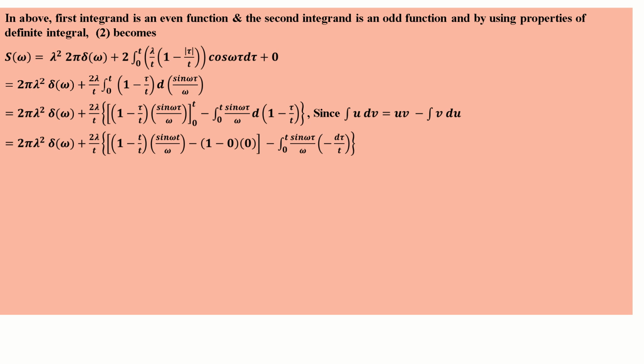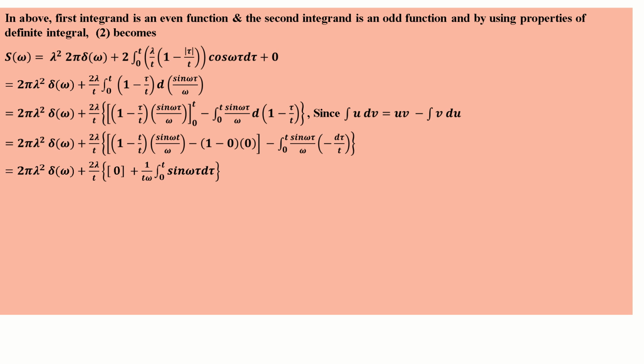So the total boundary term vanishes, because 1 minus T by T is 1 minus 1, which is 0, and the second term is also 0. So 0 plus 1 by T, which is constant with respect to the integral, and ω is also constant, so in the denominator you have Tω; take it outside.